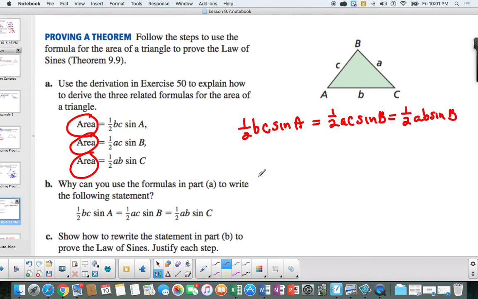Then I'm going to multiply everything by 2, and that'll get rid of the 1/2. And then I will divide everything through by abc.